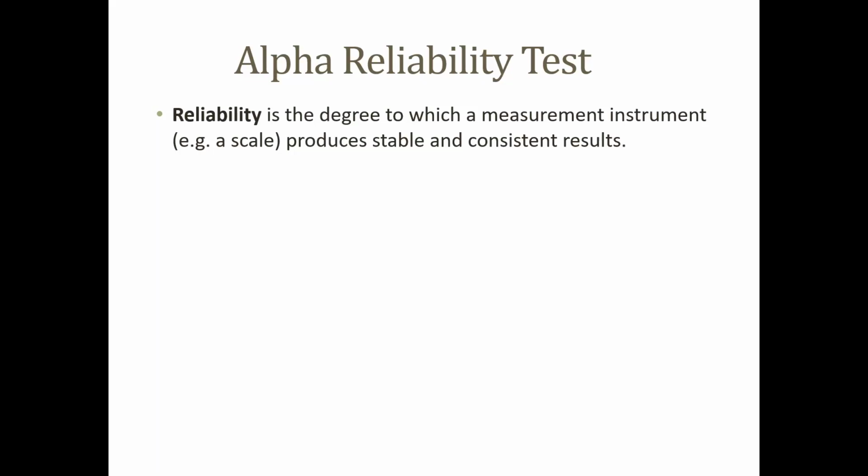if it reads like 38 degrees Celsius and we repeat it again, we expect it to read 38 degrees Celsius again and again, as long as your body temperature has not changed within that period. That is reliability.